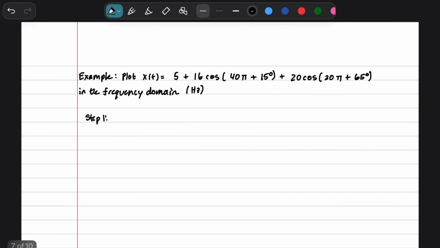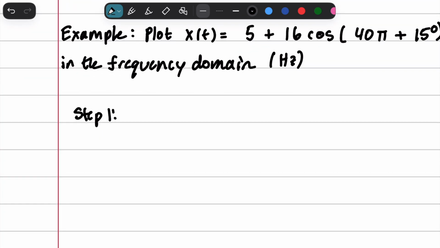Okay. And we also want to find the frequencies because we want to plot this against hertz. So we're going to get x of k over 2, x complex conjugate of k over 2, and frequencies.